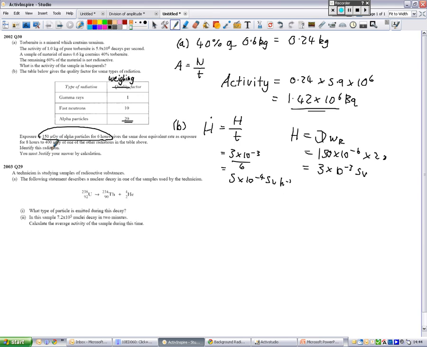I've probably done this in a more complicated way. The easiest way is probably less complicated, but you can consider H dot being equal to dWr for the other type of radiation divided by T. So you know that that's 5 times 10 to the negative 4.